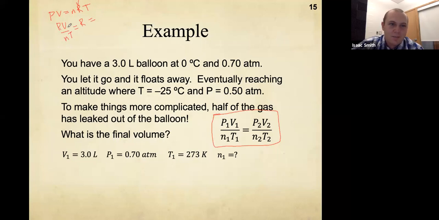Just like we've done in all the past ones, this is some constant. And since it's a constant, P2 times V2 over N2 times T2 is also going to equal R. And then you can get rid of the R and put them together, okay? Another way to do this problem. Essentially, it's the same thing, but a different way to look at it.